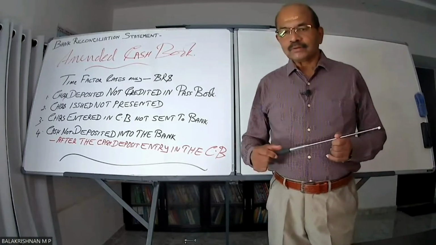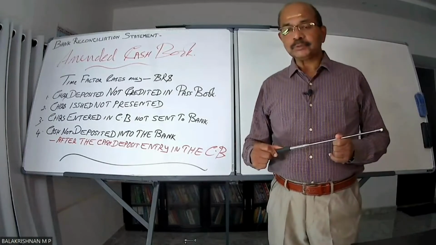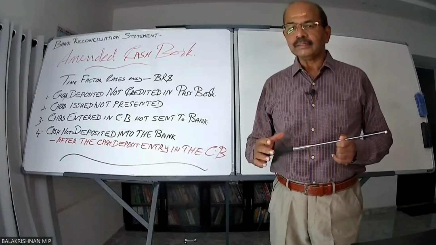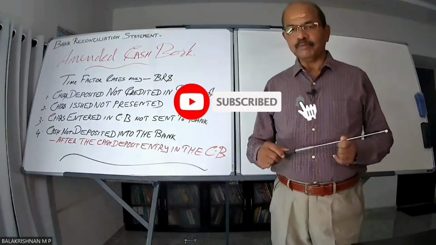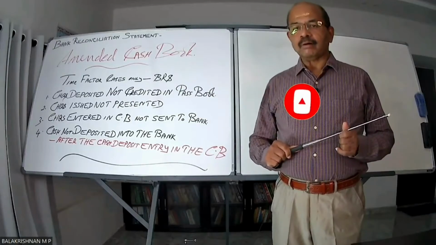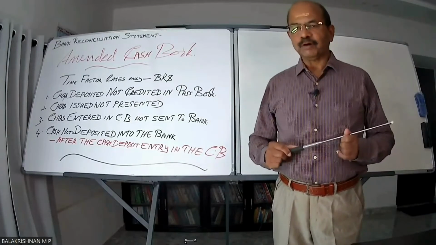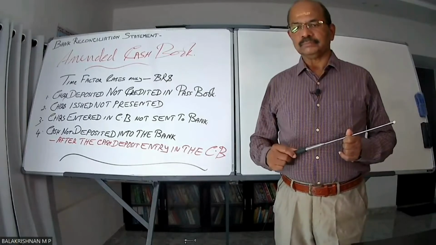Now let's see which are the cases that can be accommodated through an amended cash book. In simple way, all other entries than these can be accommodated. One by one, I am going to explain it. Overcasting or undercasting in the cash book. You found, yes, there has been overcasting or undercasting.